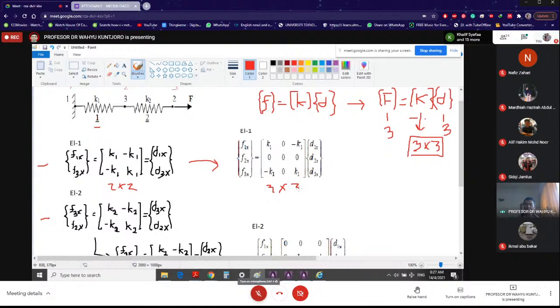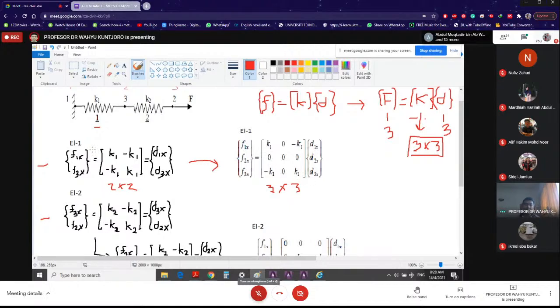So actually, the equation that you see on the left is the same as the one that you see on the right. Mathematically, they are the same. The difference is that one is given as 2 by 2, and the other is given as 3 by 3. But mathematically, you can observe that the equation for element 1 on the left and on the right is the same.